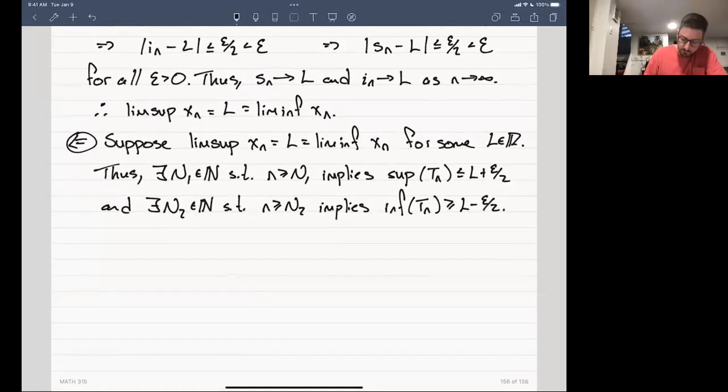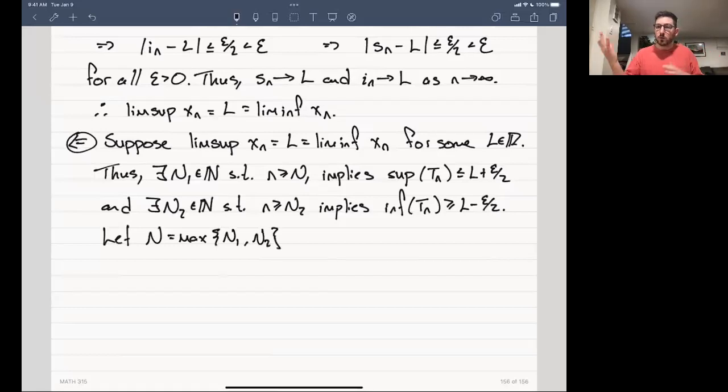So let capital N equal the maximum of N1 and N2, right? So you told me that beyond N1 things work for the sup and beyond N2 things work for the inf. Then look beyond both of them together, and everything works for both the sup and the inf.